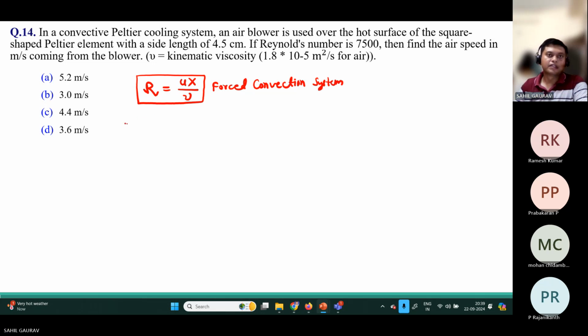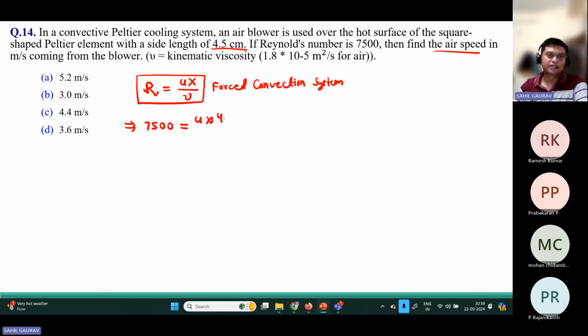So this Reynolds number is given, the air speed you have to find, and the side length is 4.5 centimeter.